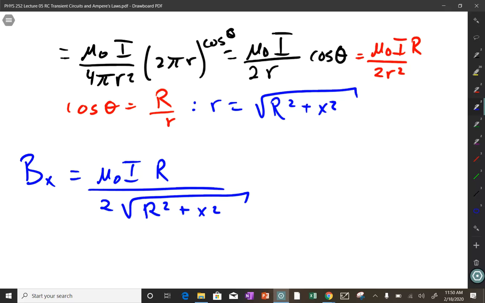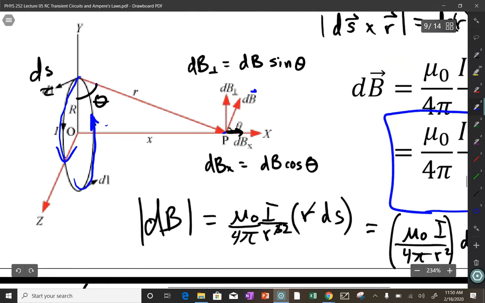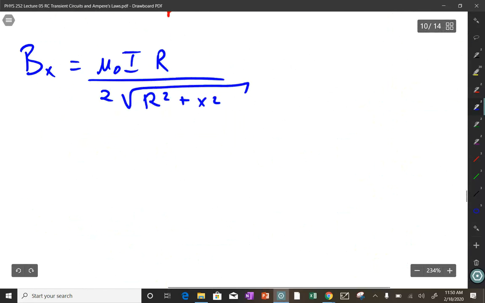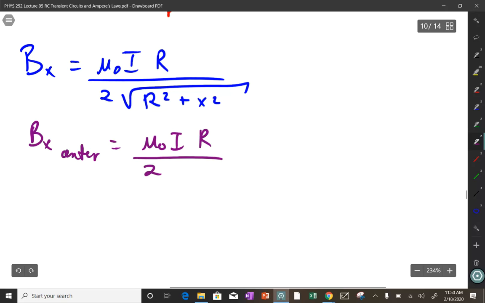Now let's check simple results. What is the x component of the magnetic field in the center of the circle? In the center of the circle, what is x? 0. So at the center of the circle, that's mu naught I R over 2 square root of R squared, which is R. Cancel those R's.